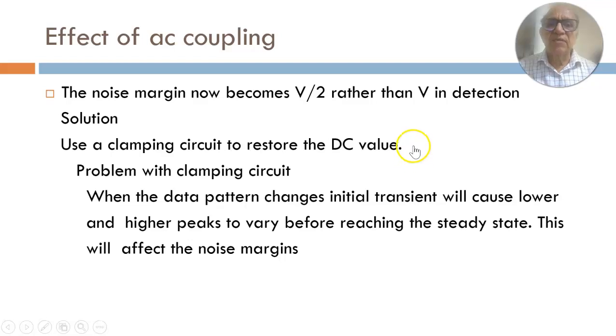Not only that, they should not contain a lot of low frequency components either, because even if it does not have a discrete DC component, a lot of low frequency components will also not be passed properly through the AC coupling, and you still have this transient problem. So it is better to use a signaling method which does not contain low frequency components.